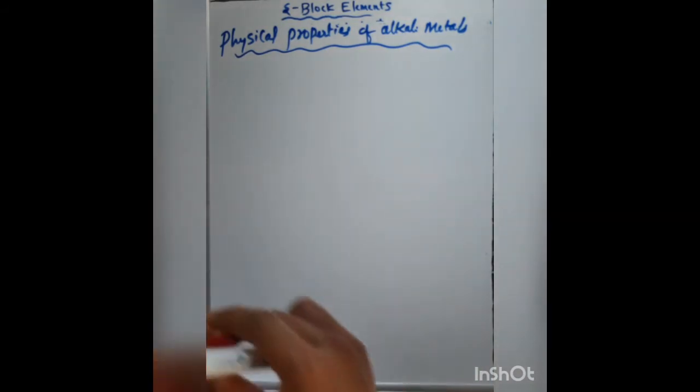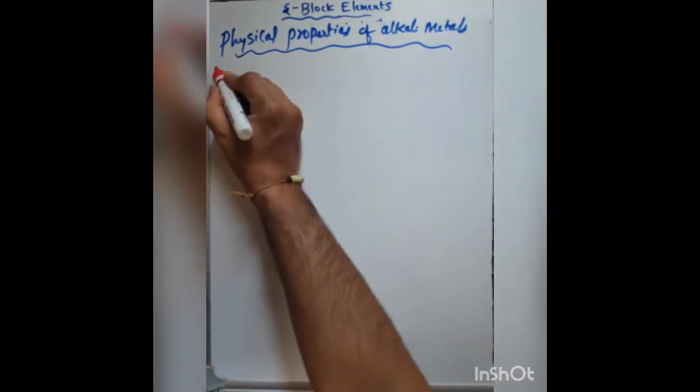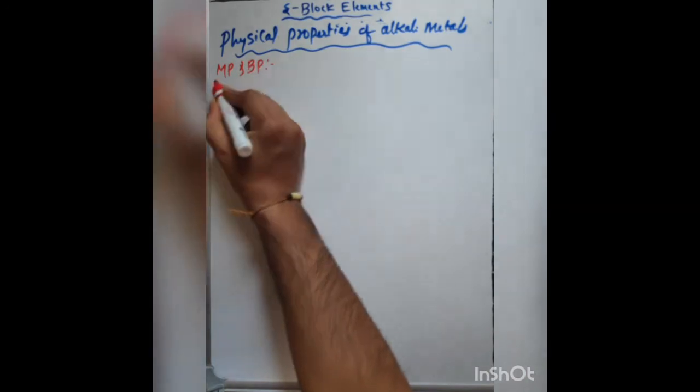So first one, melting point and boiling point. So lithium, sodium, potassium, rubidium and cesium.